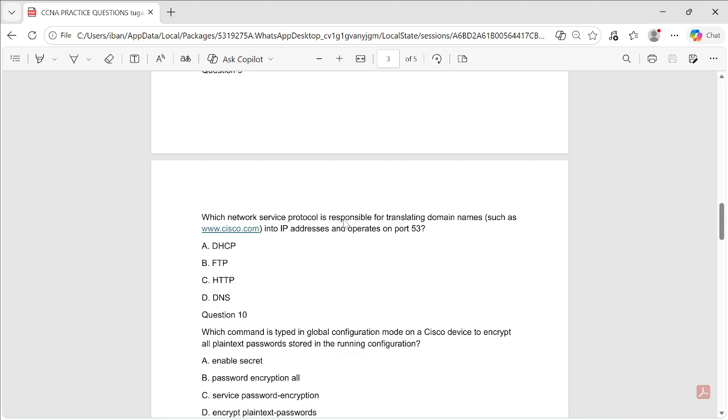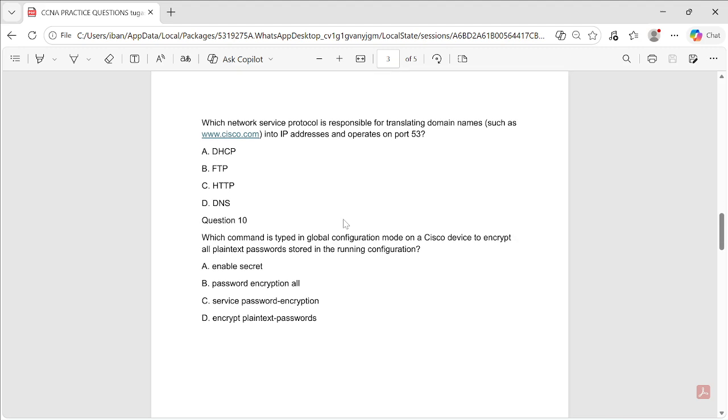The answer is DNS. Explanation: the Domain Name System is responsible for translating human-readable host names or domain names into IP addresses that a machine understands. DNS uses UDP port 53 for client queries and TCP port 53 for zone transfers between servers.